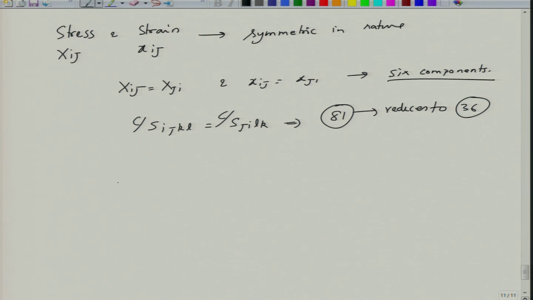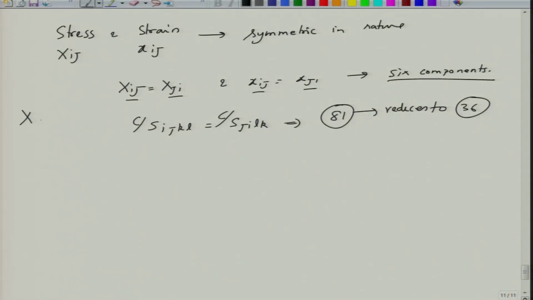You can write the matrix and use the symmetry arguments to see which ones are similar. Because we are saying ij is equal to ji, and the same for strain, it also means that kl will be equal to lk. When you make these combinations, you will see that 81 components reduce to 36, and crystal symmetry further reduces these components to 21.